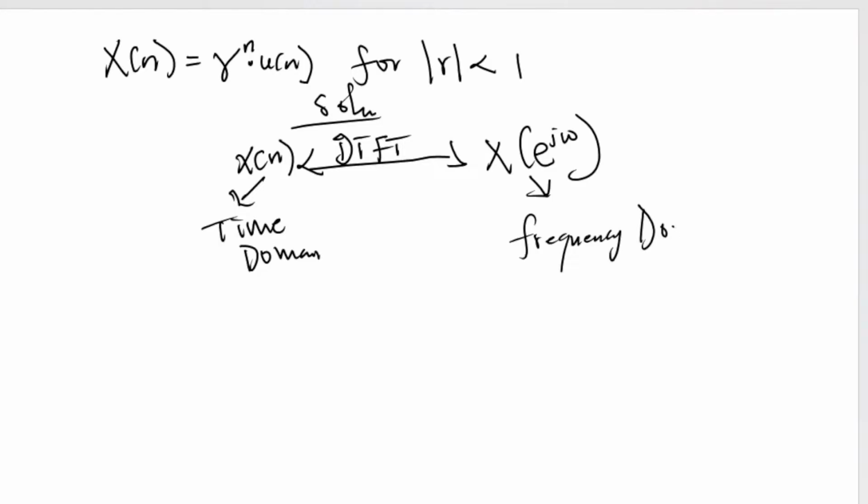Now you were given that your time domain is equal to this signal here. So in place of x of n, we are representing your discrete signal with the new discrete signal which you are given. Now if you replace this, your new time domain will now be r raised to the power of n multiplied by u of n.